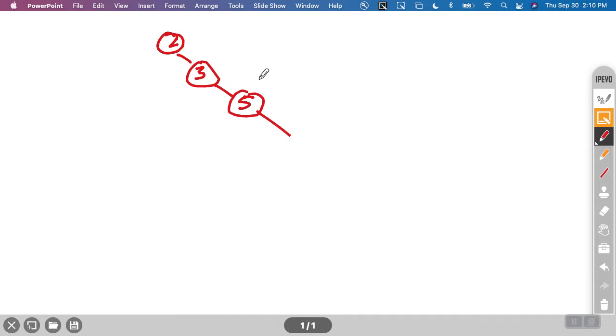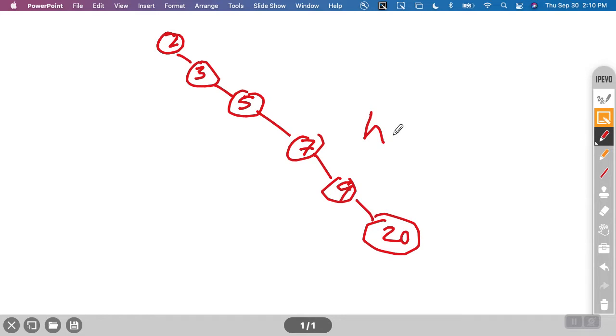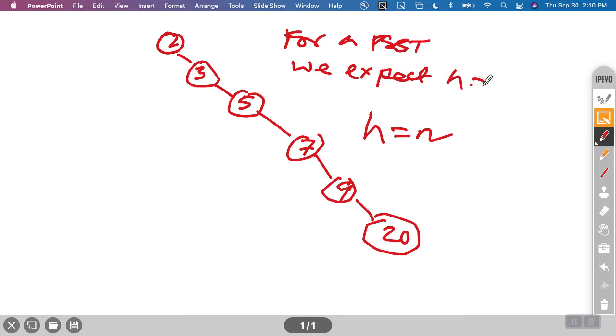and so this side is growing linearly. So then height will be n, but we expect for a BST height equal to log of n, right?